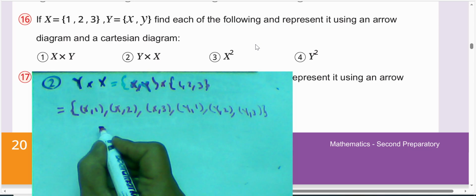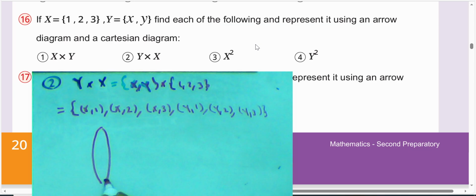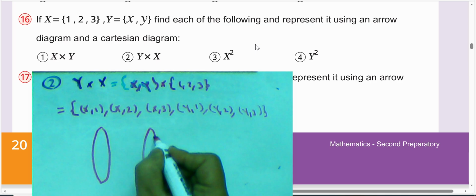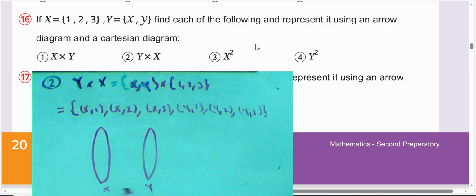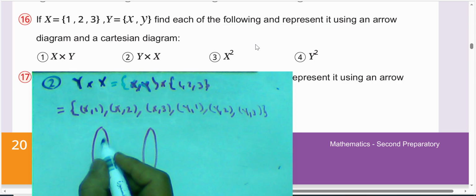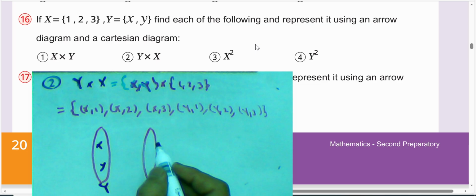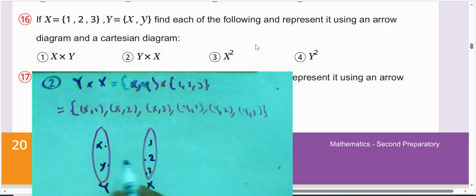Now I will draw the diagram about two sets. We have x and y. Start with y and then x. The elements of y are x and y, and x was 1, 2, 3. And y, the image here.